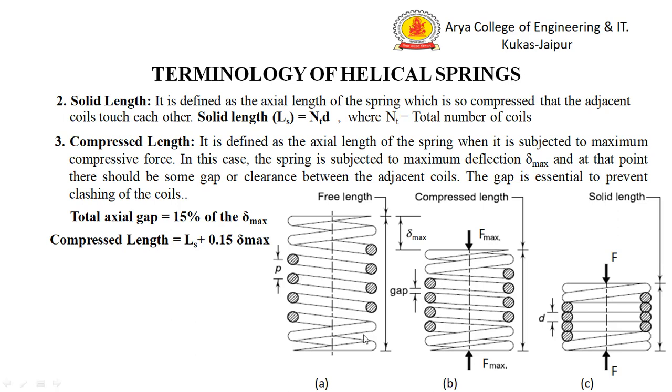As shown in the figure C, when the compression spring is compressed until the wires come in contact with each other, then at this position the spring is said to be solid and the length of the spring is called the solid length Ls. As shown in figure C, the solid length is equal to Nt multiplied by d, where Nt is the total number of coils.